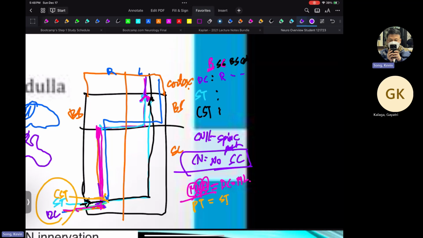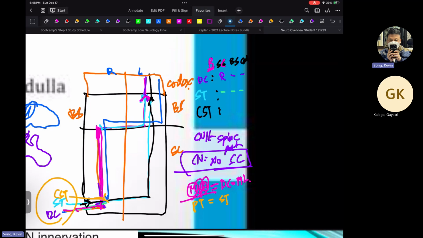And then how about the spinothalamic tract? Then we had this black line right here, right? So it will be no, no, no, right? I will use this color here. So how about lastly, the corticospinal tract?